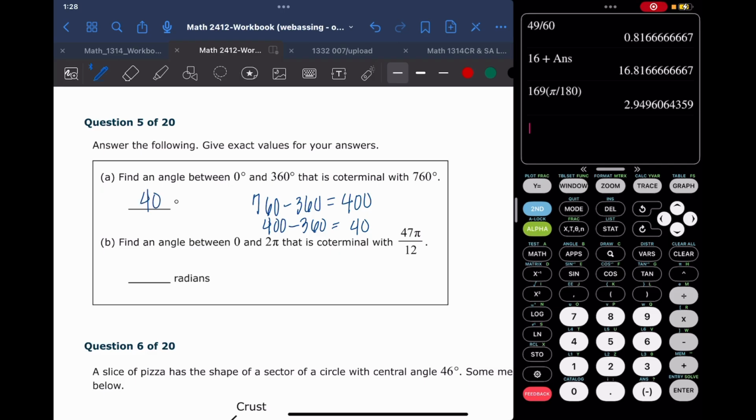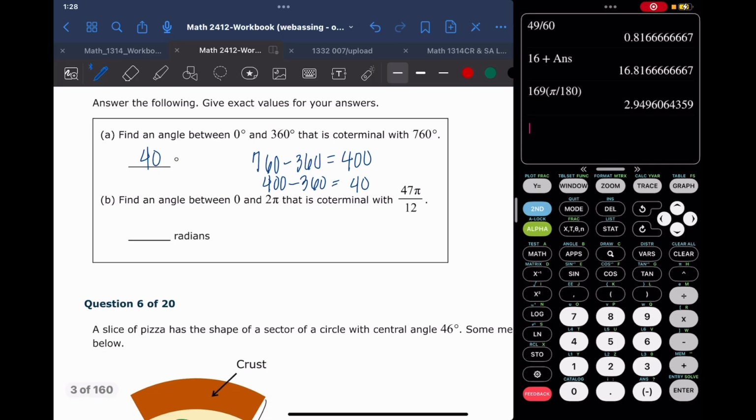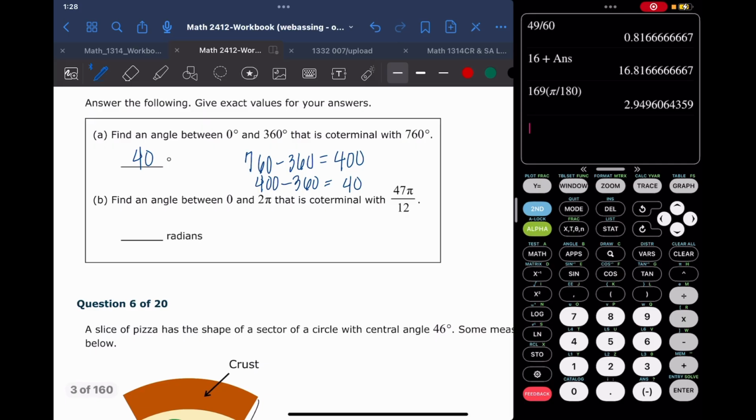And then this one says 47 pi over 12. So remember, it has to be between 0 and 2 pi. So you're subtracting 2 pi. I'm going to subtract 2 pi. So think of it like this.